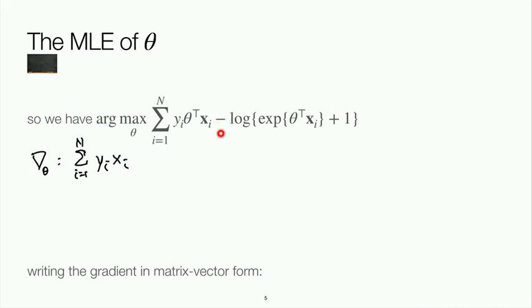This looks a little bit more complicated, but it's not super complicated either. All I really have to do is try to apply the chain rule as many times as possible in order to get to what the answer is. So if I apply the chain rule, basically what I'm saying is I'm going to take the gradient with respect to log of this term, and the gradient of log of this term with respect to the whole thing on the inside.